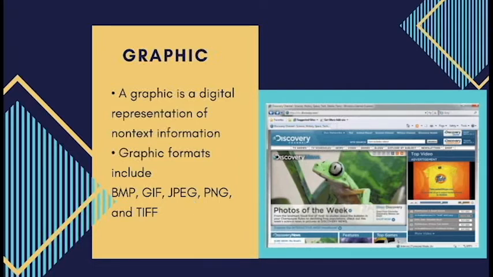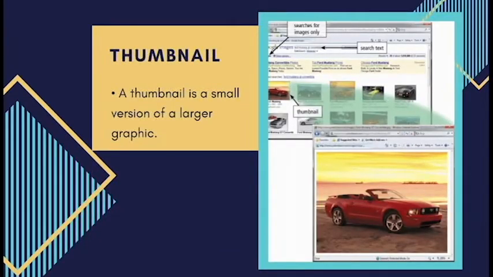PNG, portable network graphics. Then TIF, we have the tag image file format. So this is an example of a graphic, mga image, no? Then next we have the thumbnail. So a thumbnail is a small version of a larger graphic.